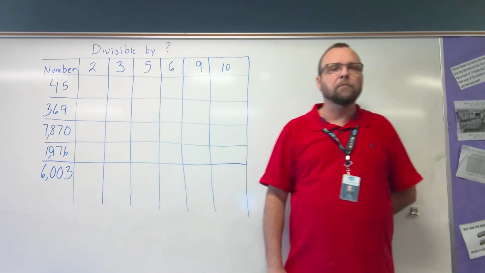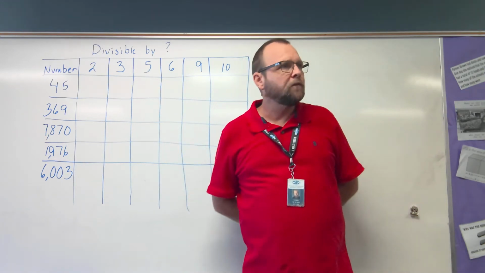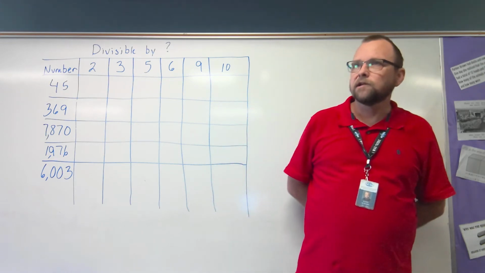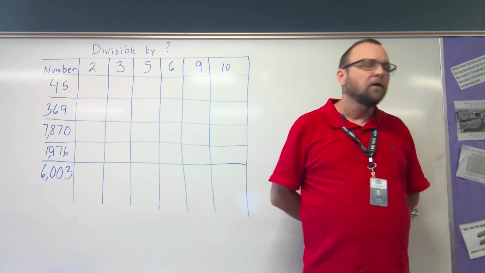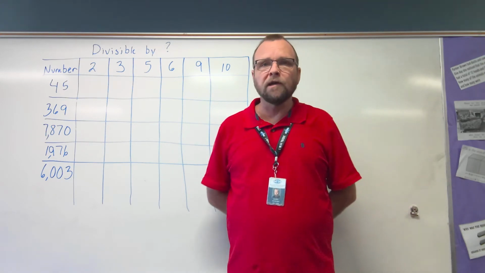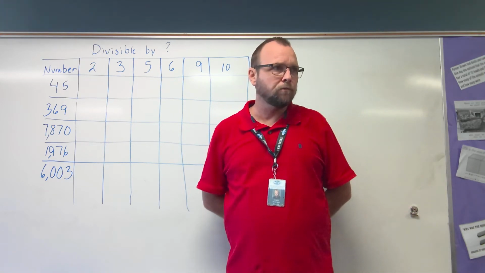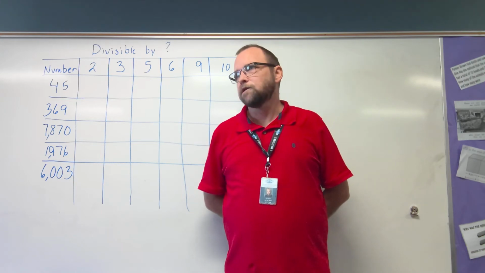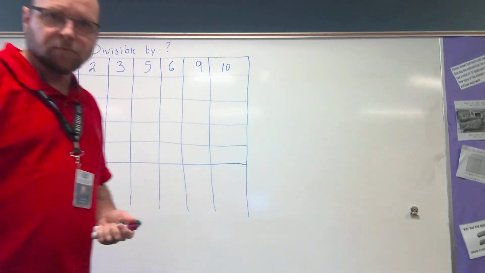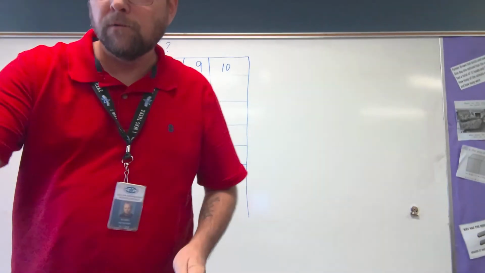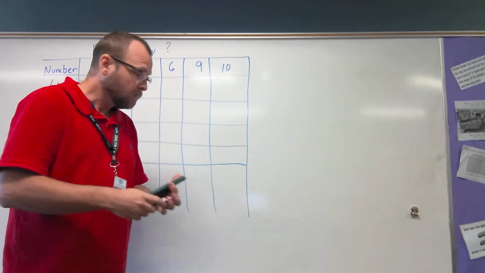I'm just talking about whole numbers here. If the last digit, the ones place, is an even number, then that number is divisible by 2. So 0, 2, 4, 6, or 8 in the ones place, it's divisible by 2. Thank you.